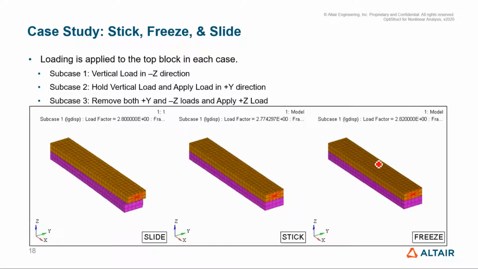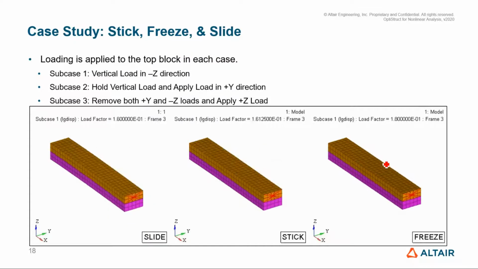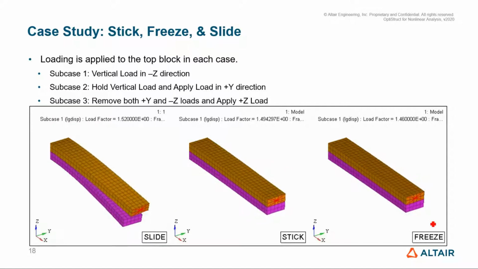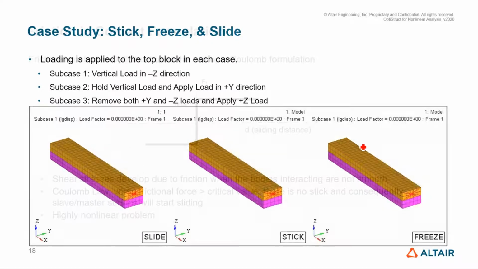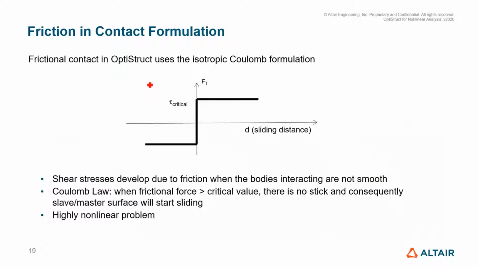Depending on your use case, you might need to use a different type of contact for different areas. So the frictional contact for sliding is defined like this.